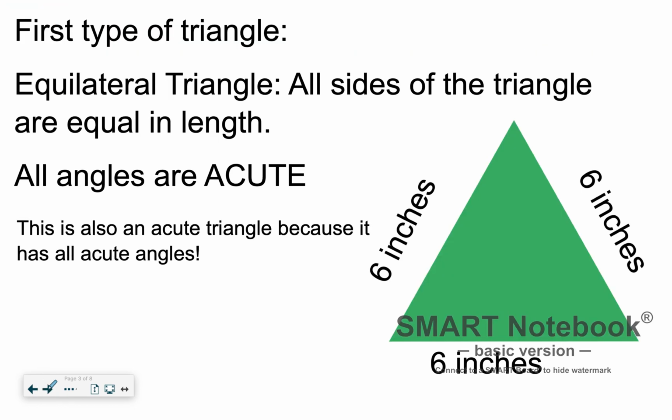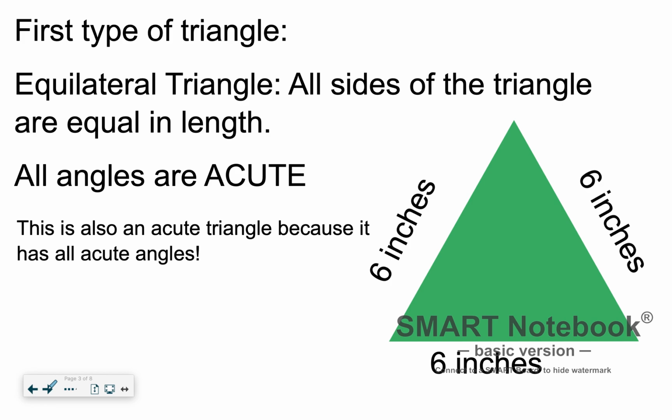I'm going to now explain the 3 different types of triangles, and you need to pay very close attention because you'll need to classify these triangles for our DOL today. Our first type of triangle is called an equilateral triangle, and that's when all sides of the triangle are equal in length. So if you look at our green triangle on the right, each side is 6 inches.